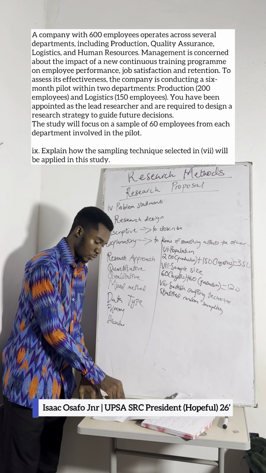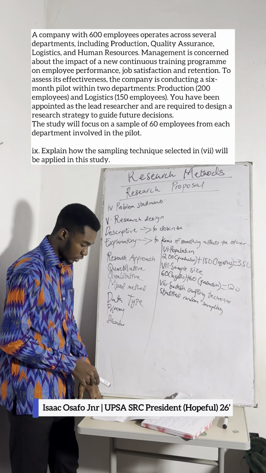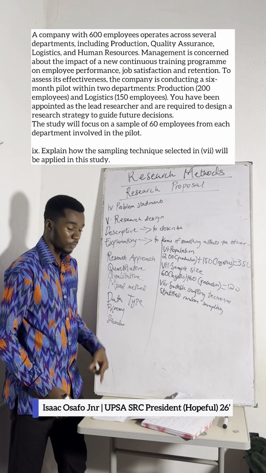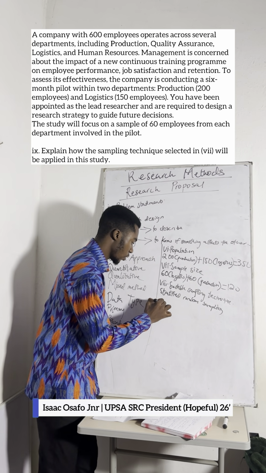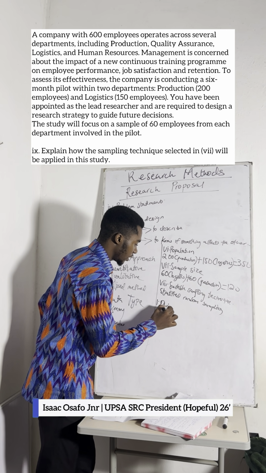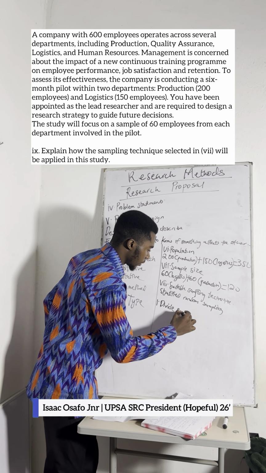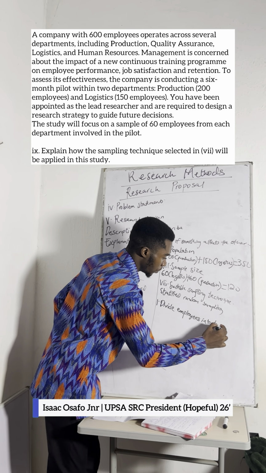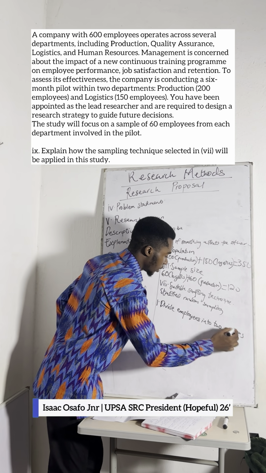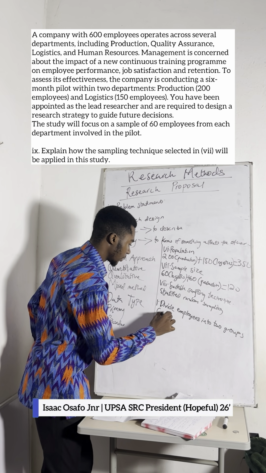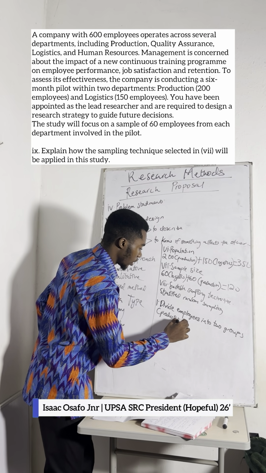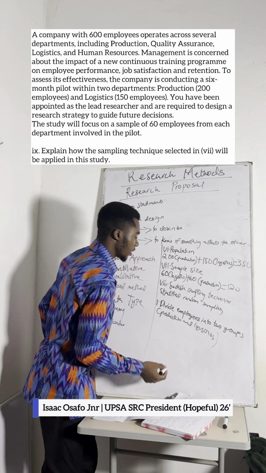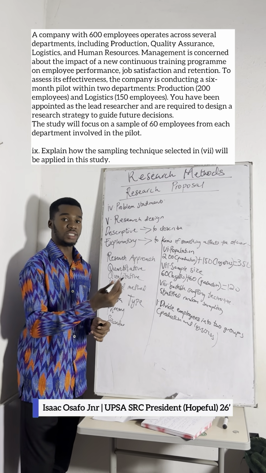In this one, they took 2 specifically. They said they took 200 from production and 150 from logistics. So the first step they used was to divide employees into 2 groups: production and logistics. At production, they got the 200, and at logistics, they got the 150.